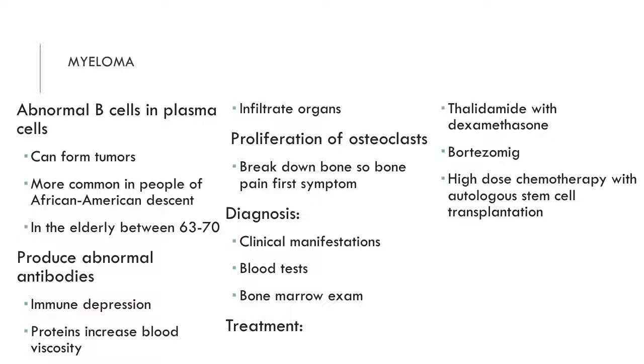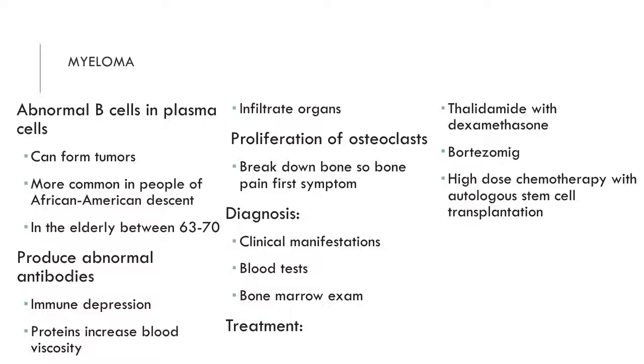It produces abnormal antibodies, and so what we see is immune depression, and proteins increase the blood viscosity, and it infiltrates organs. So think about that. If the blood viscosity is increased, we're going to see increase in blood pressure. We're also going to see other things associated with the blood not moving as easily through the vessels.